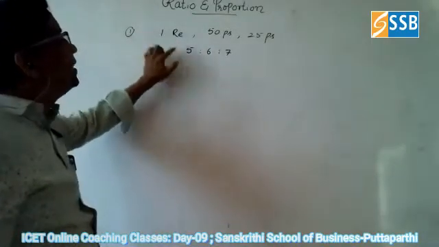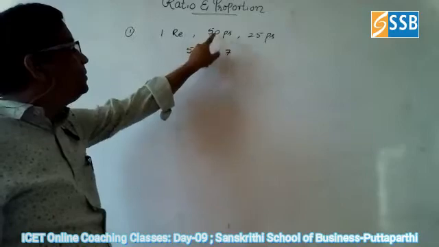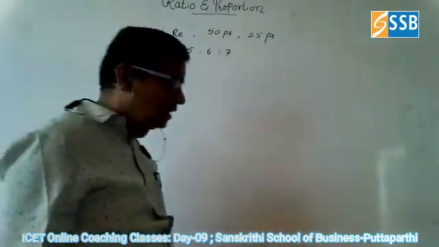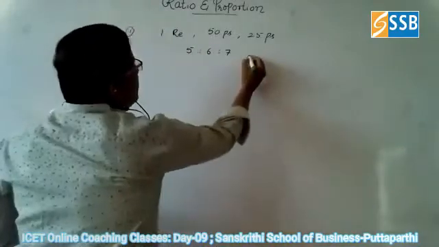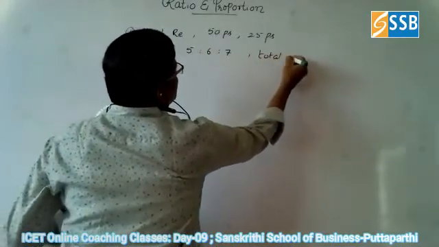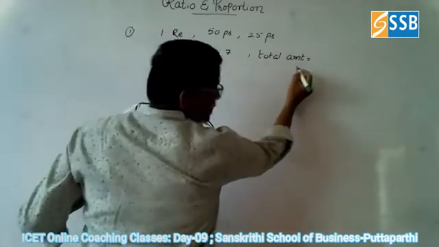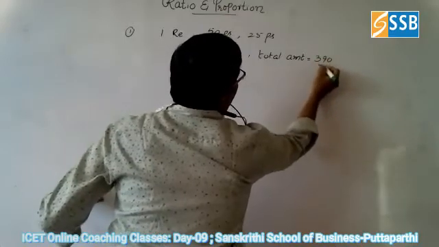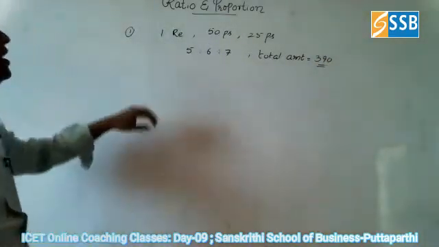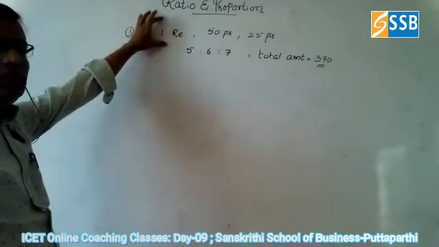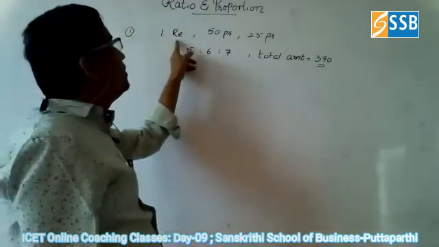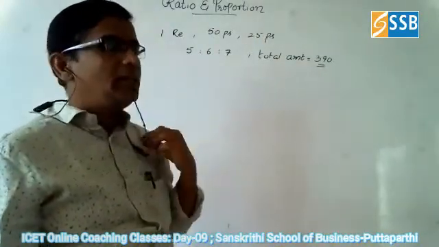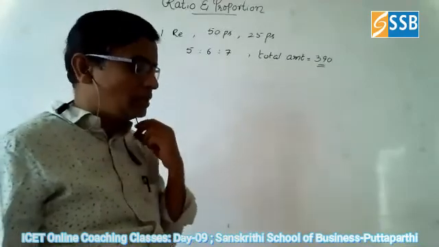Means 1 rupee coins are 5 parts, 50 paise coins are 6 parts, 25 paise coins are 7 parts. Then the total amount in the bag is 390. Then find each kind of amount. How many 1 rupee coins, 50 paise coins and 25 paise coins are there?